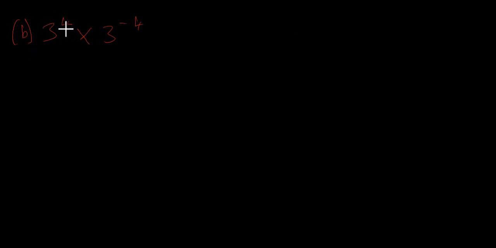Okay, so we have another question on the zero index. We're saying 3 to the power 4 multiplied by 3 to the power negative 4. So what are we going to do in this particular scenario? We know that we have got the same base, so we'll add the powers.